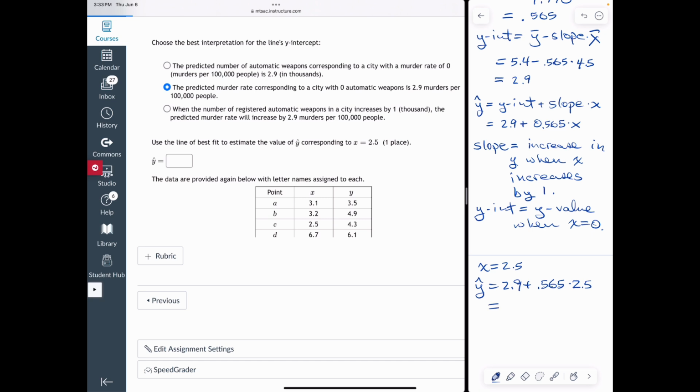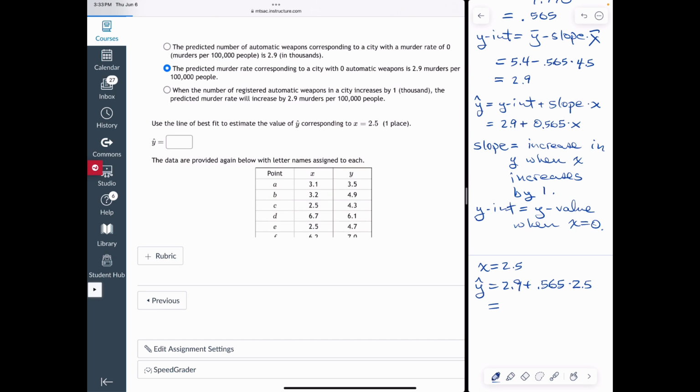Just on a real calculator, I'm going to get, double checking my numbers, 2.9 plus 0.565 times 2.5. I get 4.3125, and it says to one place.